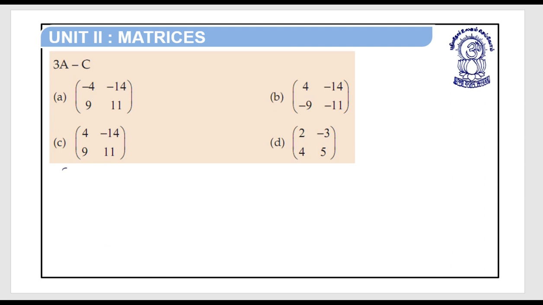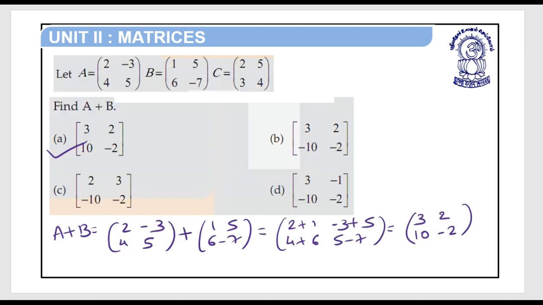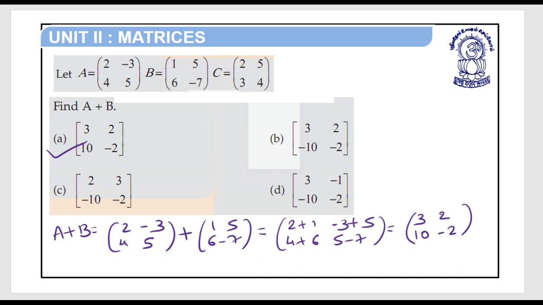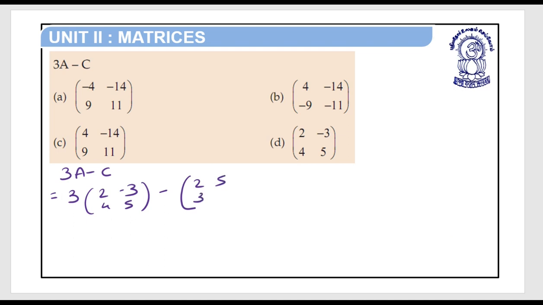For 3A minus C. Value of A is 2, minus 3, 4, 5, minus C, which is 2, 5, 3, 4. So multiply with 3: 3 2s are 6, 3 3s are 9, 4 3s are 12, 3 5s are 15, minus 2, 5, 3, 4.